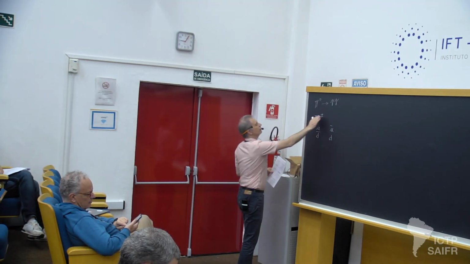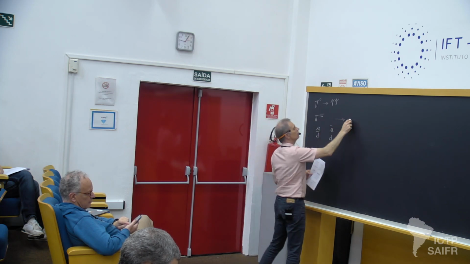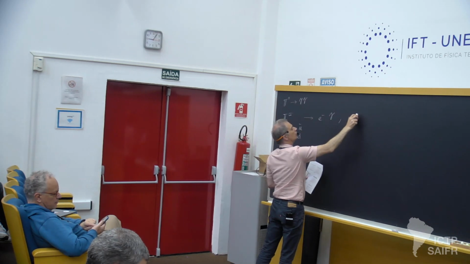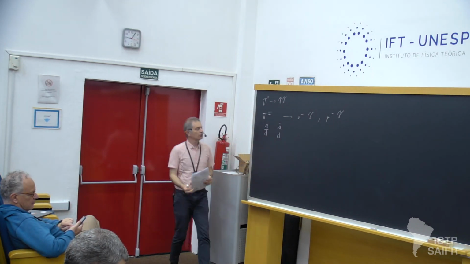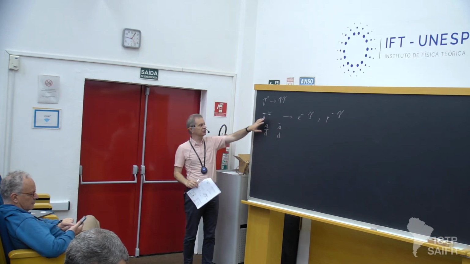And so if you take, for instance, pi minus, it will decay into an electron and a neutrino, and it can also decay into a muon and a neutrino, right? So far it's good. This interaction respects the electric charge.